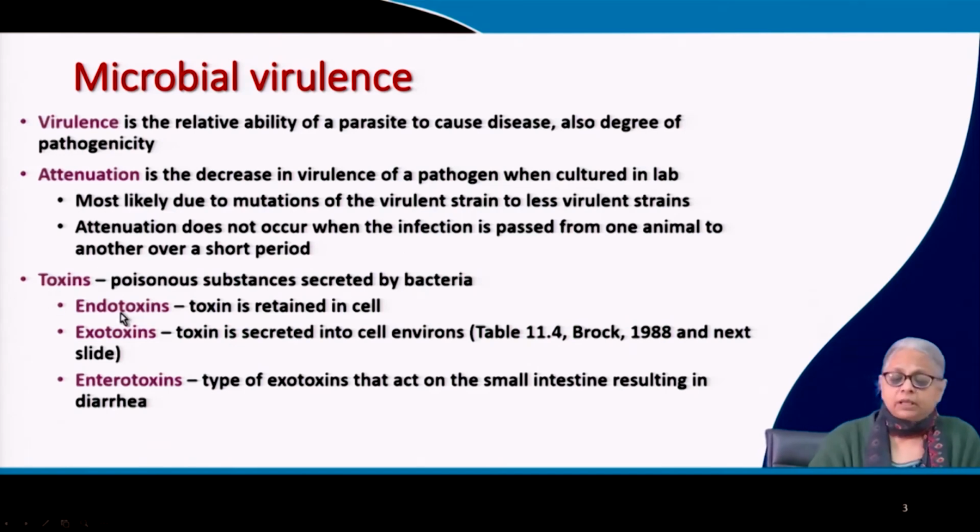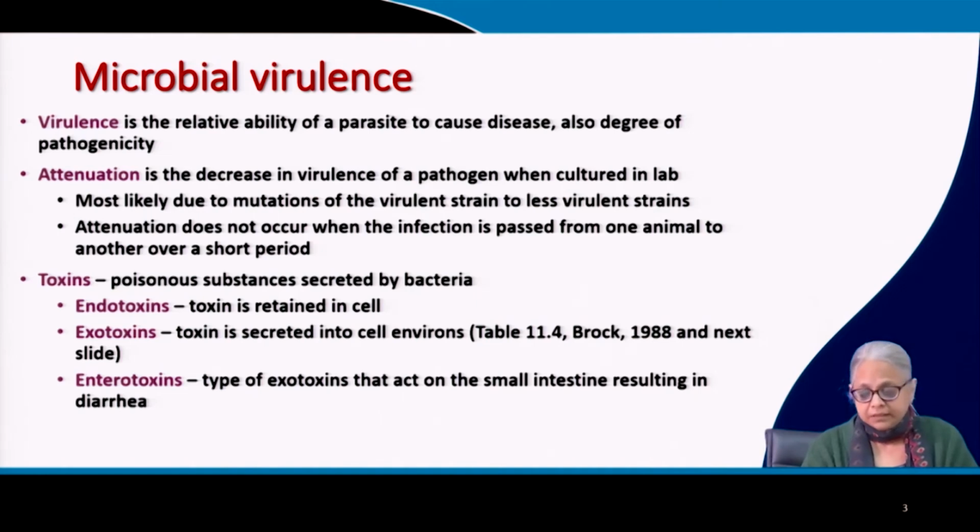Let's also take a look at another issue that is related to pathogenic organisms, and these are toxins. So you have poisonous substances that are secreted. In this case I have written bacteria, but these toxins can be associated with algae. If you remember, in one of the initial lectures I mentioned something about red algae.